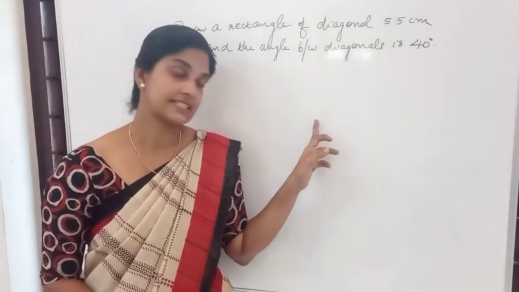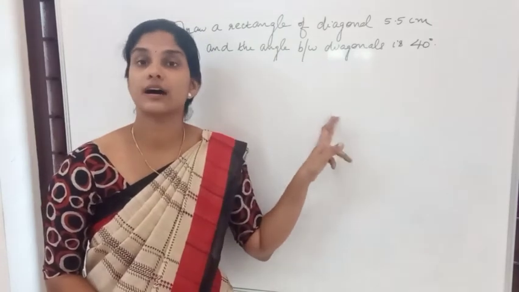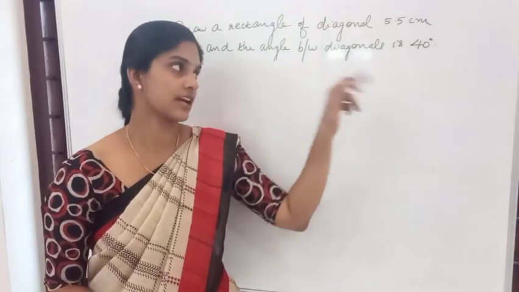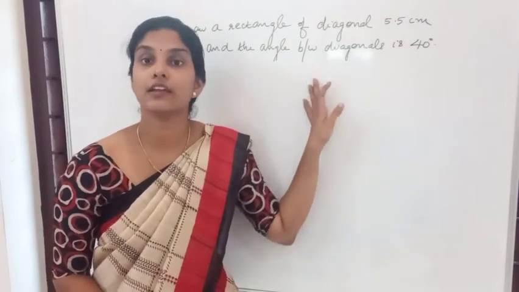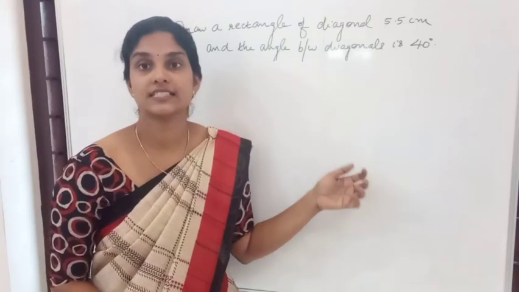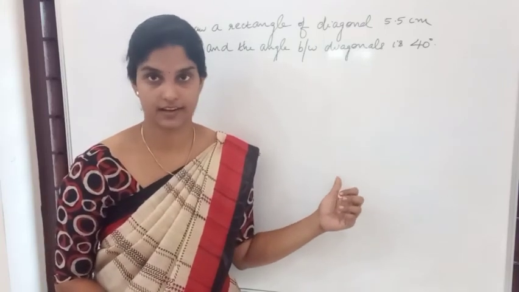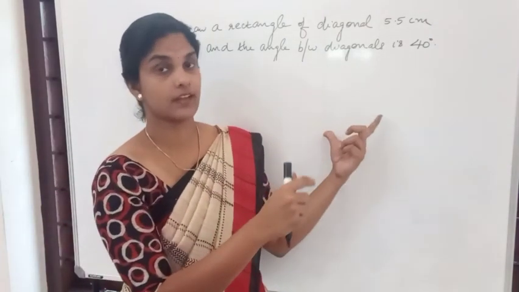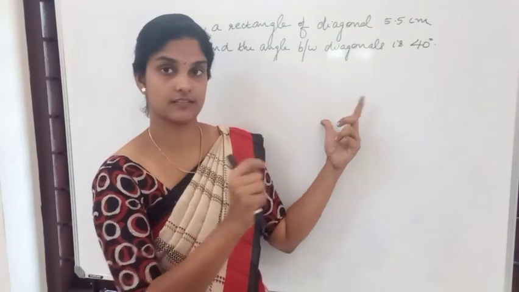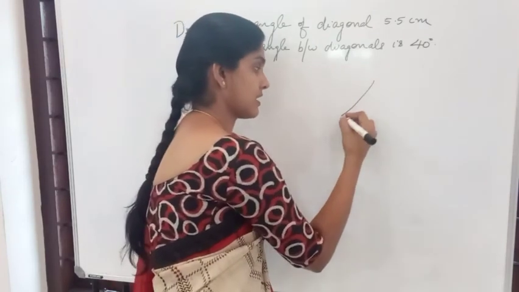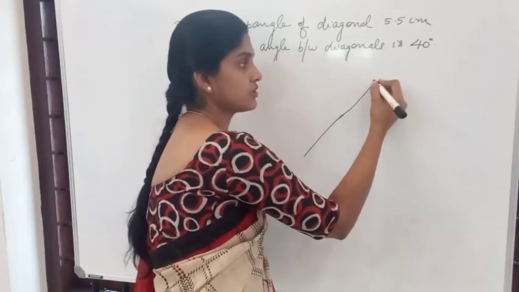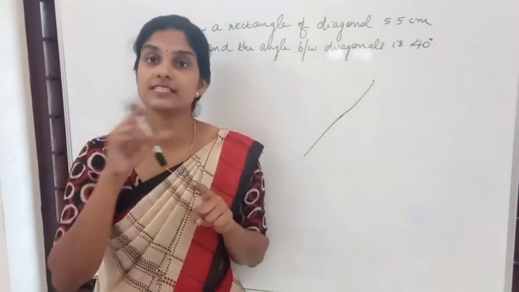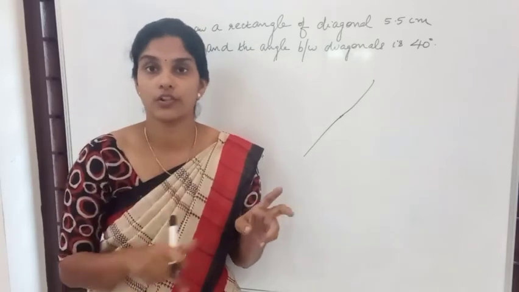Now placing the protractor on this midpoint, mark 40 degrees, which was given, the angle between the diagonals. Draw a line through the 40 degrees such that it passes through the midpoint of the first diagonal. Now take the length of the first diagonal from the midpoint to the end of the line, take this measure on the compass, mark it on the second diagonal and then join all those points.